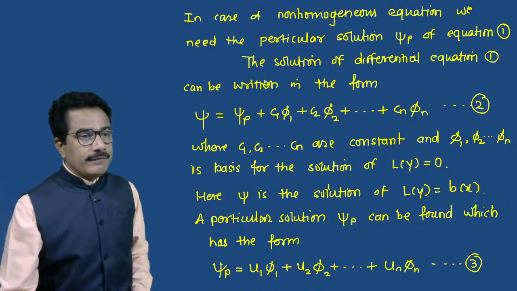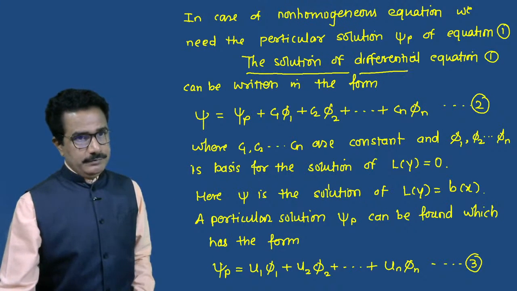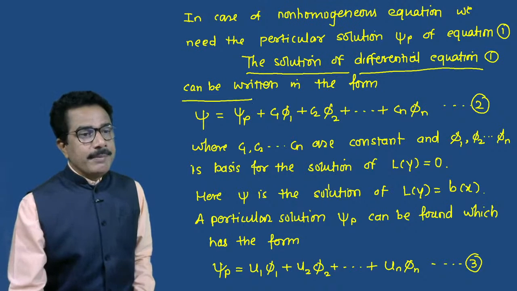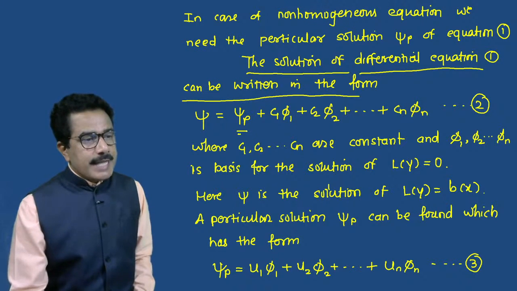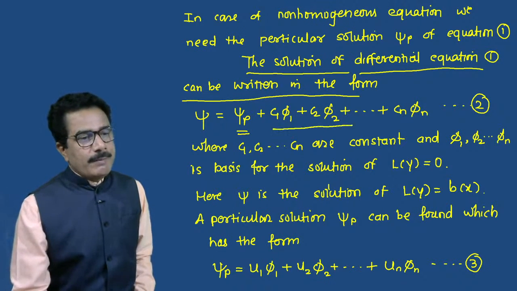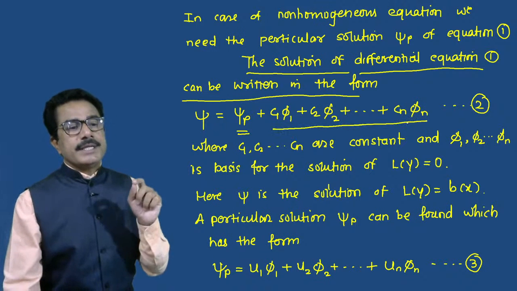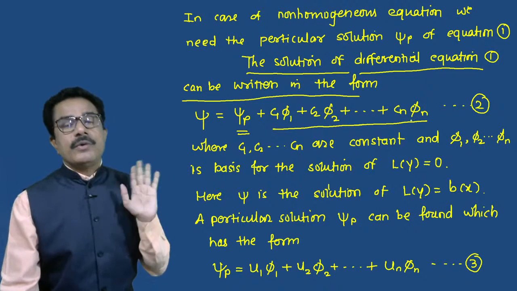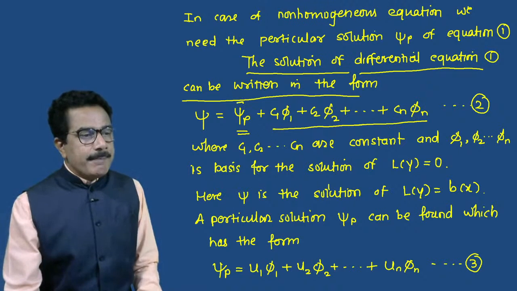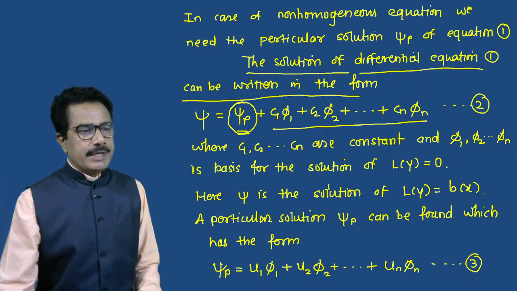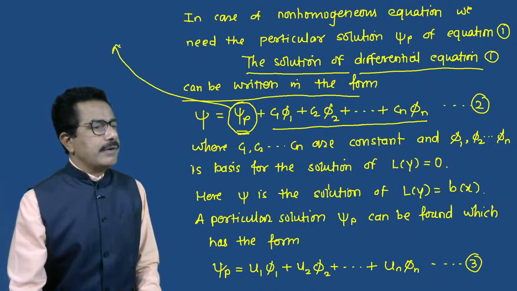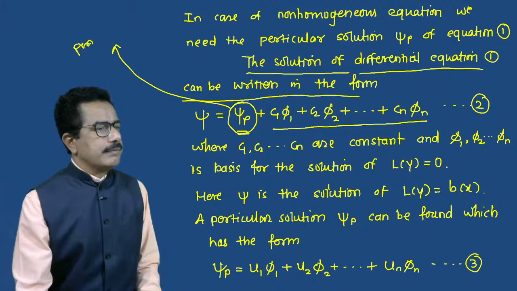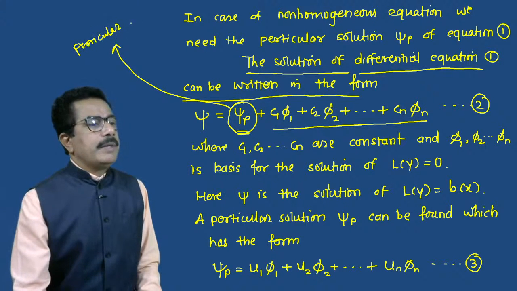The solution of the differential equation 1 can be written in the form psi p plus c1 phi 1 plus c2 phi 2 dot dot dot plus cn phi n. This psi p is called the particular solution, or particular function.